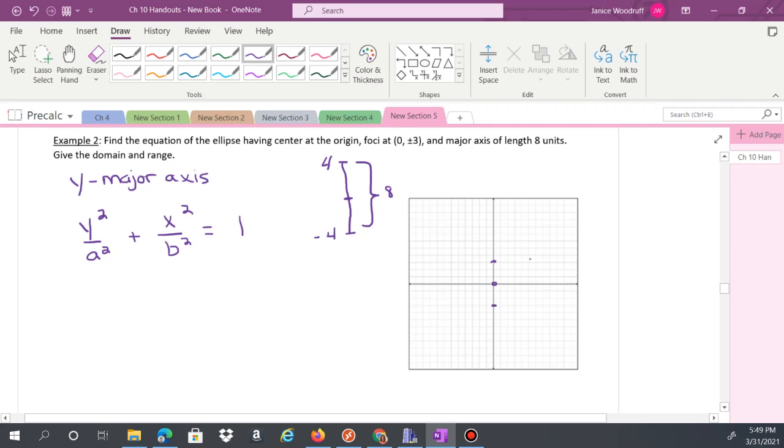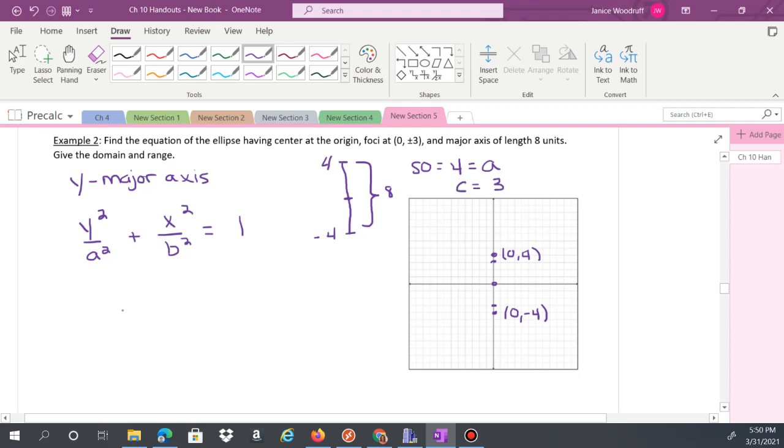So I would have a point here at 0, positive 4, and a point here at 0, negative 4. And 4 is going to give us our A value because it's on the major axis. So we get 4 equals A. And we have C, our foci, was given to us as 3.